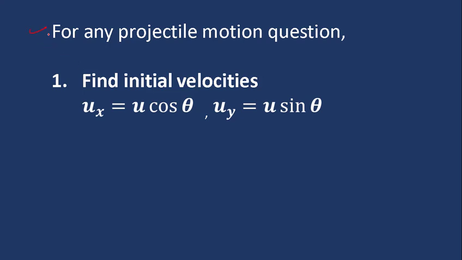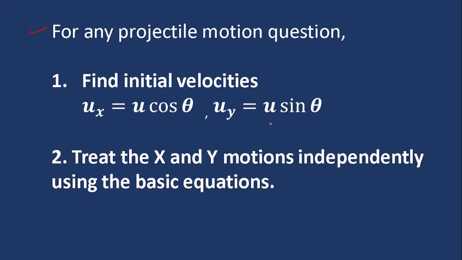So let's summarize. For any projectile motion, first know the initial velocities ux and uy. Then treat the x and y motion independently. For x motion, remember ax equal to 0 and therefore s is equal to simply u into t. For y motion, we know the acceleration is plus or minus g, the acceleration due to gravity, and then employ the SUVAT equations along the y-axis.